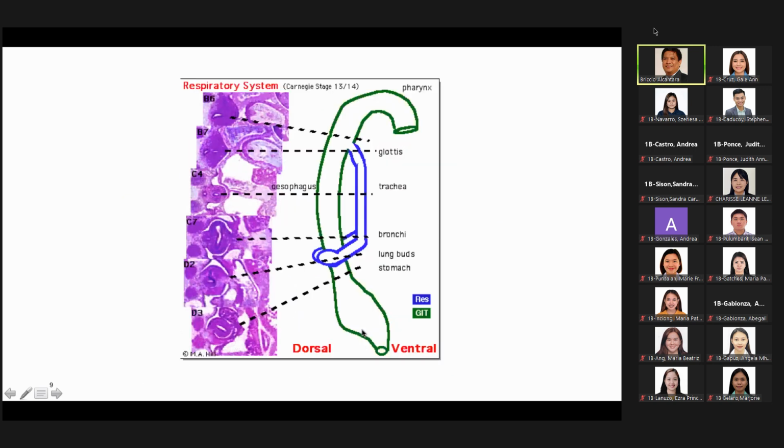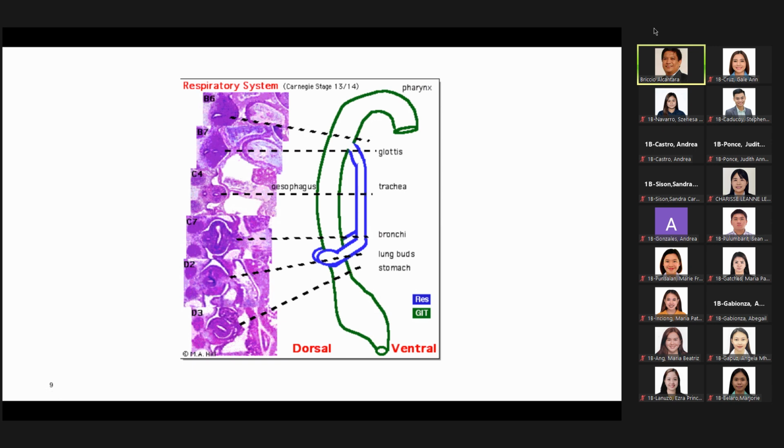Okay. So if you look at this one, the division there, look at the slides here on the left side. So you can see primarily first here a single lumen there. So that would be the trachea. Then you have now the two parts here, the glottic area. Then you see now the esophagus here and the trachea. So the esophagus is dorsally located, and you should be looking for a landmark, which is the developing heart.